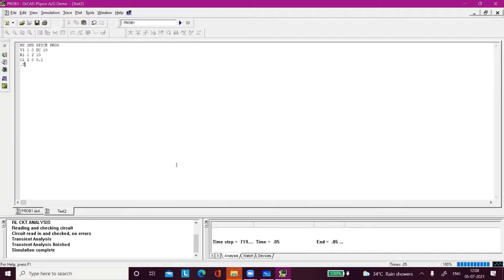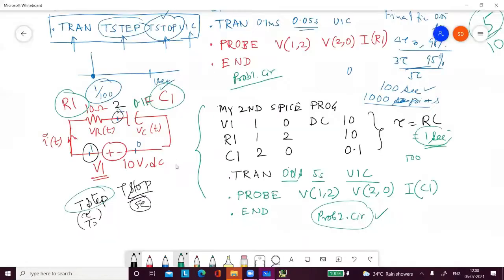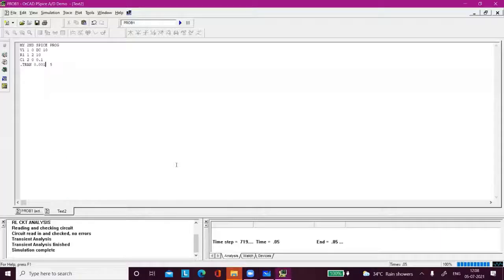So let us now write .tran. What is the increment? The final time we'll consider is 5 seconds, with an increment of 0.01 seconds. Then UIC, using initial condition.